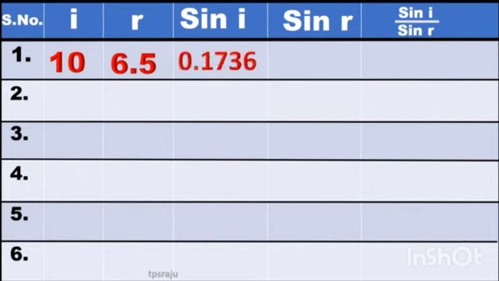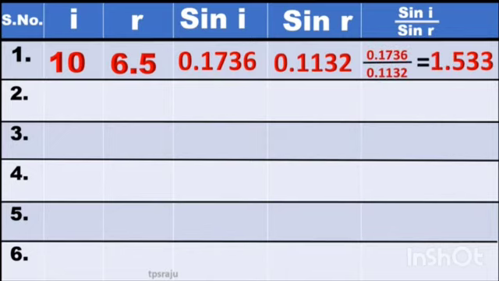The values are sin 10 degrees equal to 0.1736 and sin 6.5 degrees equal to 0.1132. Then sin i by sin r equal to 1.533.